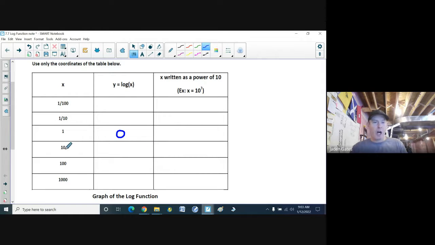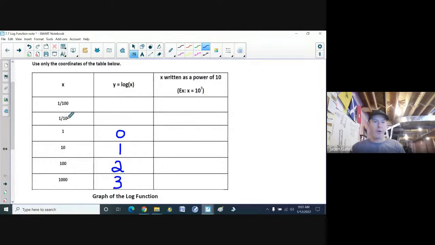Now, if you take the log of 10, and if some of you have your calculator out there, you can do that, you actually get 1. And if you take 100 and you hit the log button, you get a 2. Well, you can hopefully see the pattern, but if you take the log of 1,000, you get 3.